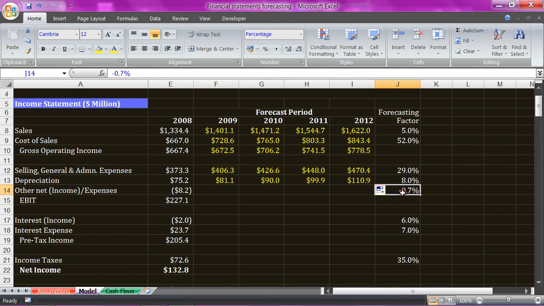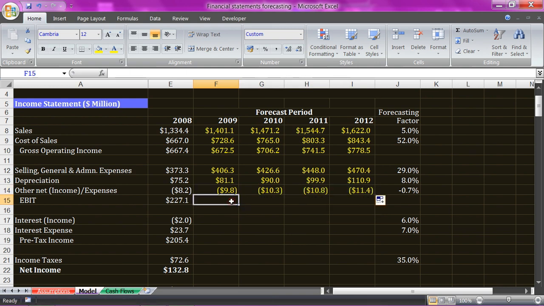So the minus 0.7% here, we need to keep there in the forecasting factor, and we need to multiply sales by it. This is equal to 2009 sales multiplied by minus 0.7 percentage, and we need to freeze this one, enter. After getting this, drag till the end.